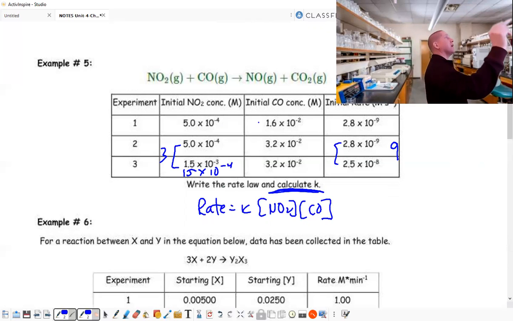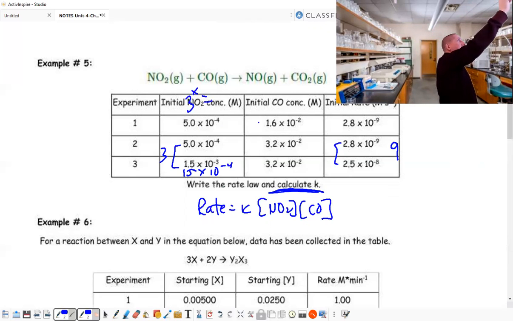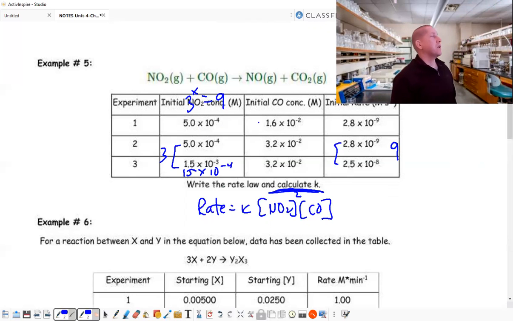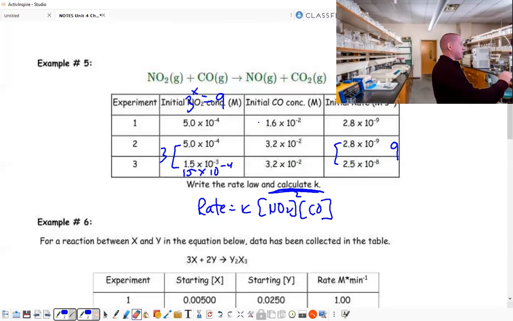So 3 to what power equals 9? Squared. So NO2 is second order with respect to NO2. When we do CO, I'm going to do the first two. You can see that is doubling.